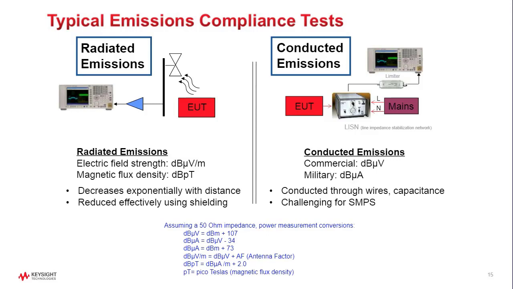So on slide 15, we're looking at the emissions compliance tests on the left, radiated, and on the right, conducted. Radiated tests will be generally described in terms of electric field strength. There are different units of measurements that are used depending on the application and the regulatory agency.